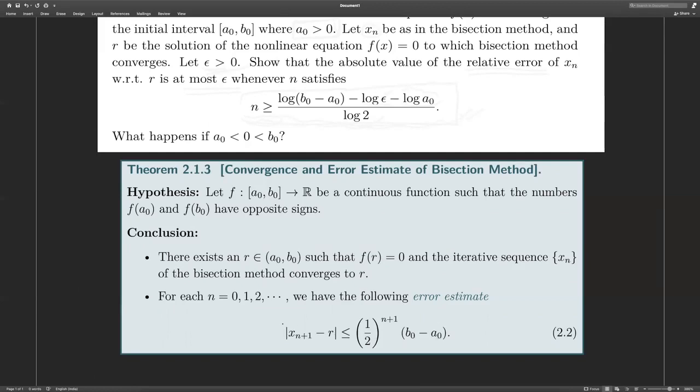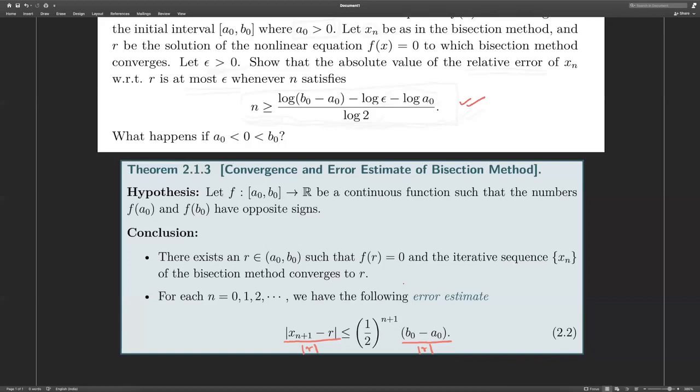So this is the absolute error estimate, but what we want now is the relative error estimate with respect to r. Therefore, clearly we have to divide both sides by r, right? Well, since a0 is greater than 0 and r lies between a0 and b0, therefore r should also be greater than 0. And in the class, as a corollary of this theorem, we have obtained a similar inequality for n, right?